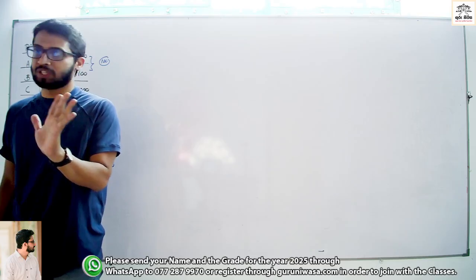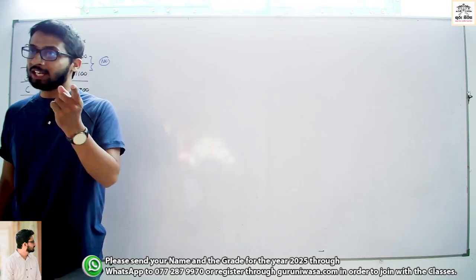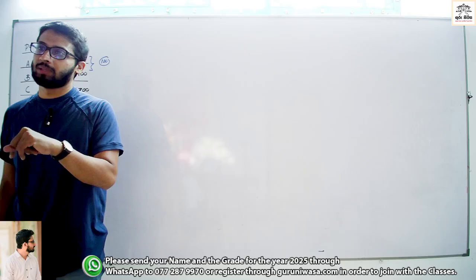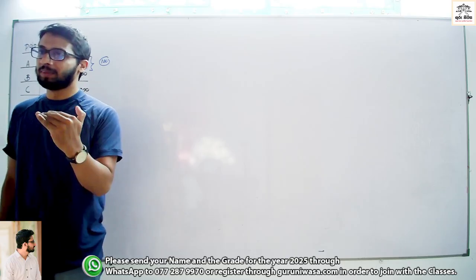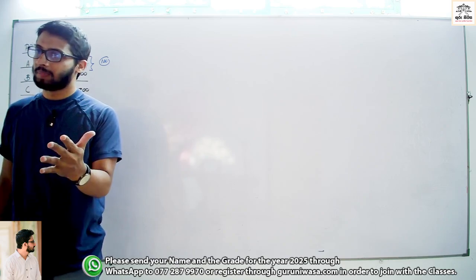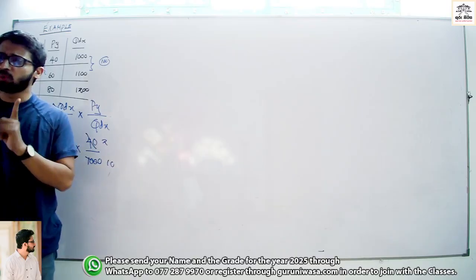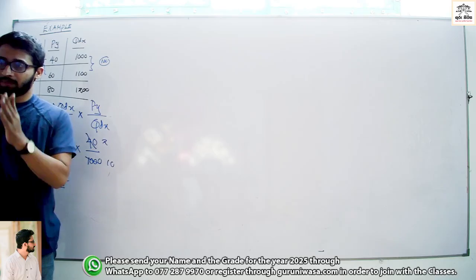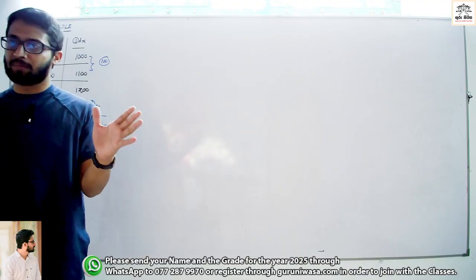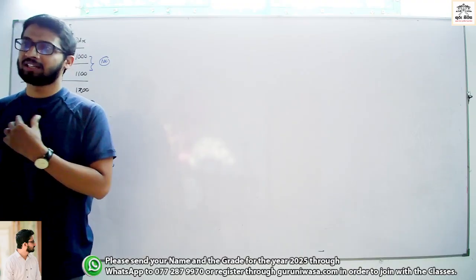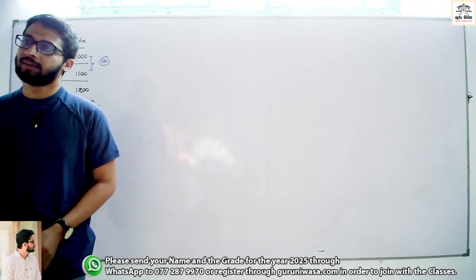There are some exceptions as well, three situations in which PED becomes positive. Forget that part. Usually PED value is negative. But remember, cross price elasticity of demand sign is so important, because if it is positive, that product category is different. If it is negative, it is another category of product. So be careful with the sign.